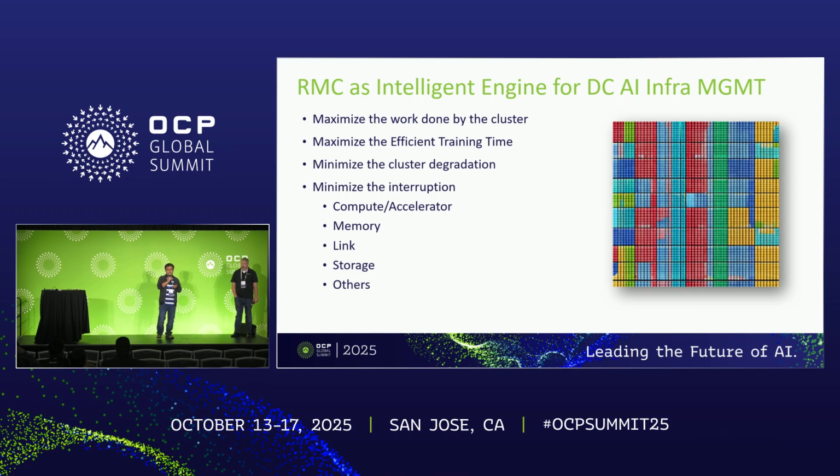So we have to majorly handle all the hardware interruption using lower level hardware management, typically for compute accelerator, memory, link, and storage. That's why we gradually position RMC as the intelligent engine to help drive this effort.